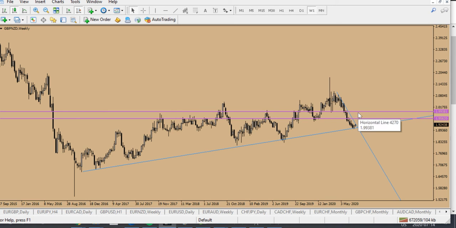Once it enters that area, you can take parts of your profits or be more aggressive and see if it breaks that resistance level, which I don't believe. It may go down afterwards, but that's an area to pay attention to once price enters that price action, right? Okay.